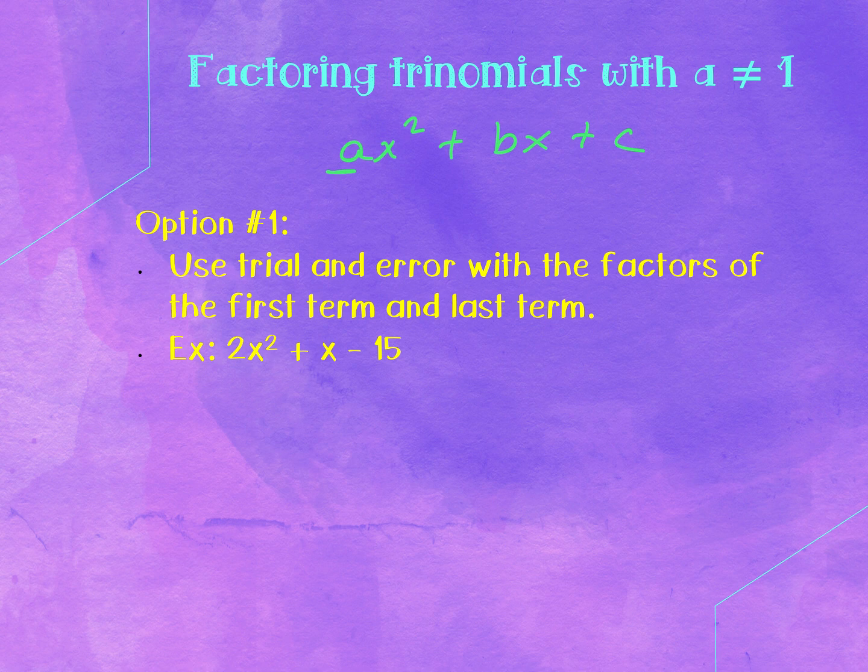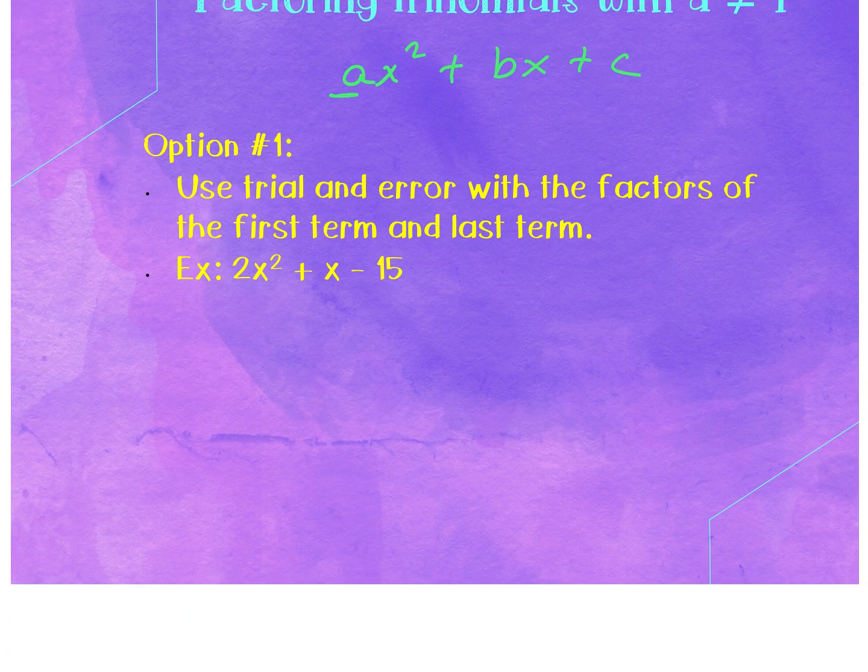But let me show you what you would have to do for the guess and test or trial and error method. So if you're going to guess and test, what you're going to do is look for the factors. So I'm looking for factors of 2x squared, and that's just going to be 1x times 2x. So those are going to go in my first spot here, x and 2x.